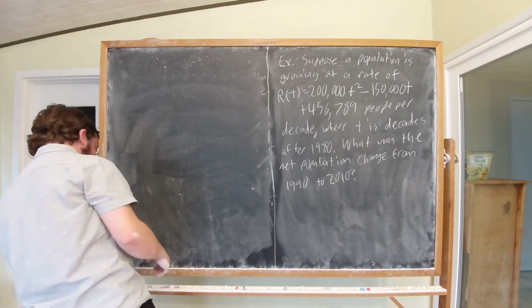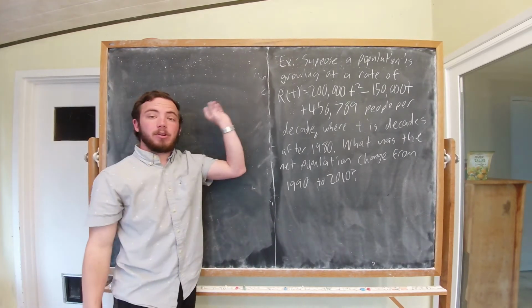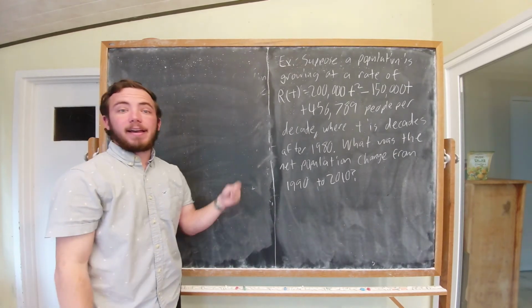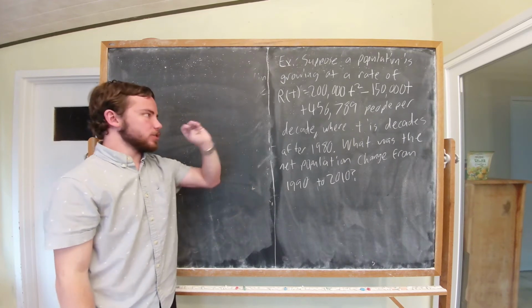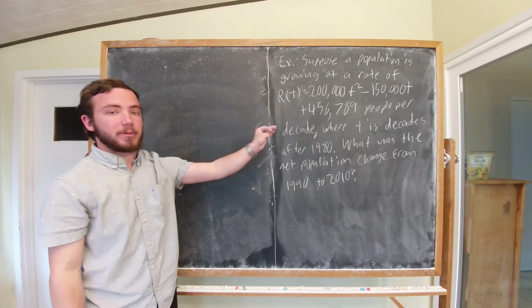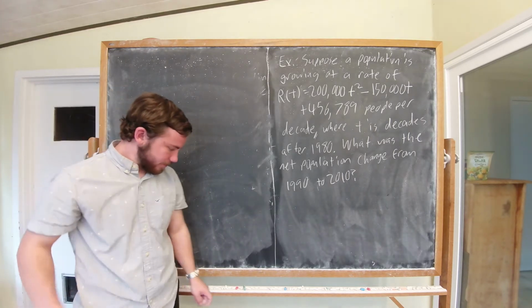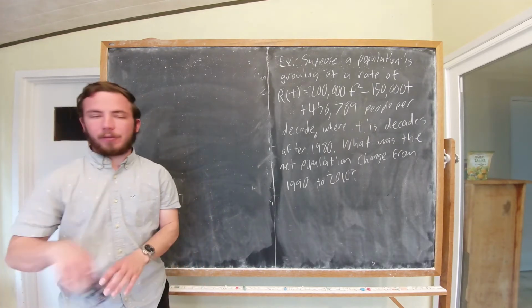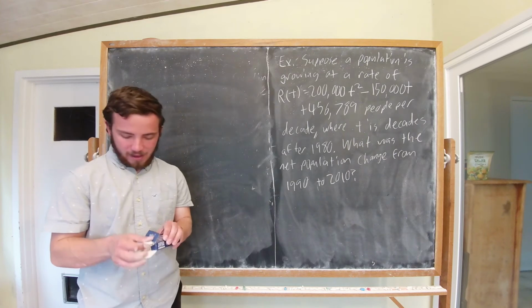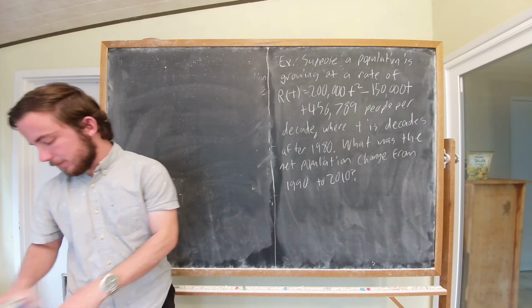So, here we have a situation where we know the rate, we don't know the actual function, but taking an indefinite integral is going to give us, essentially, a population function, which we can then use. This is important stuff.